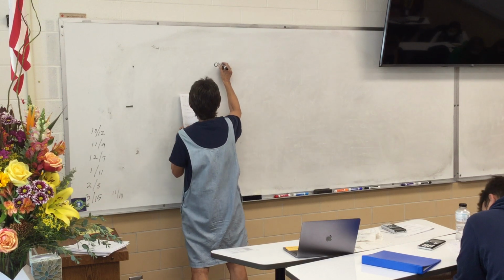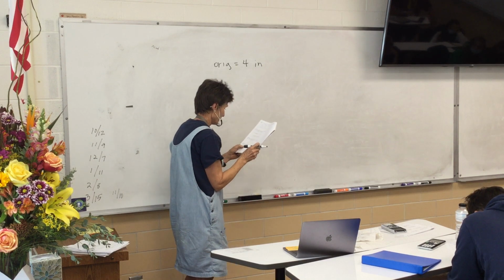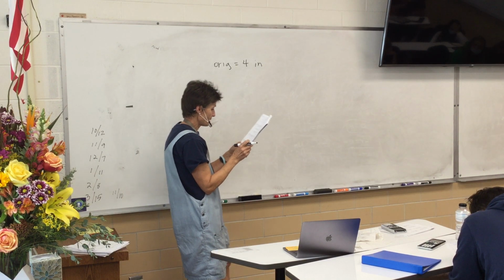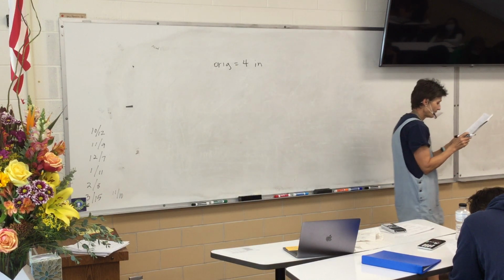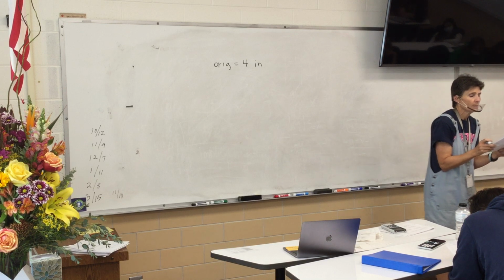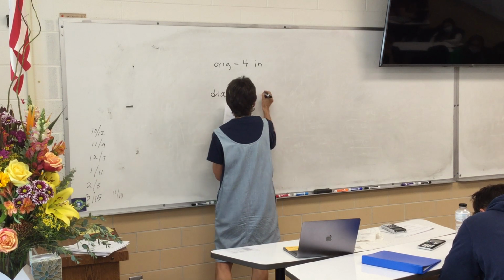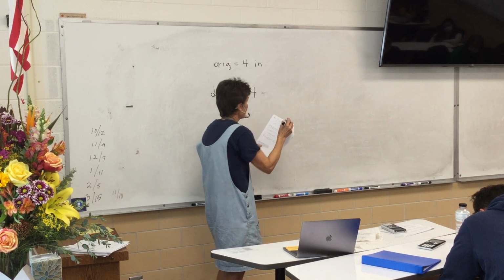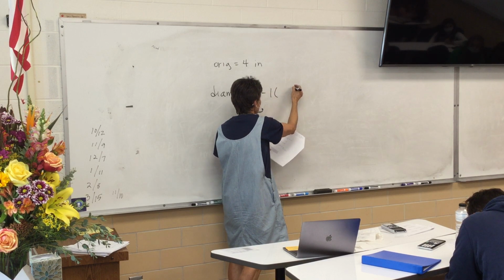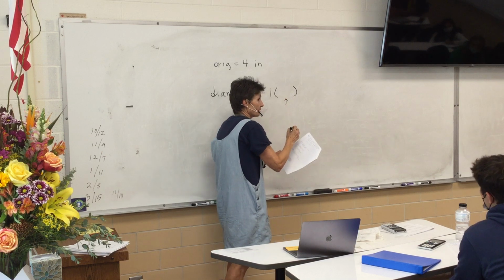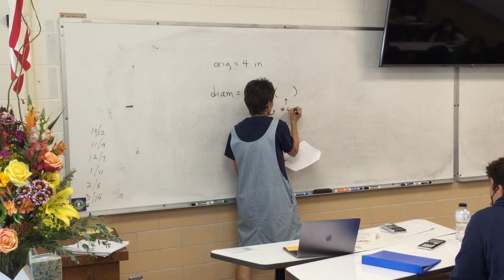The original diameter is 4 inches. And we're losing 1 cubic inch every 40 days. So our diameter will be 4 minus 1 times the number of 40-day increments we have.